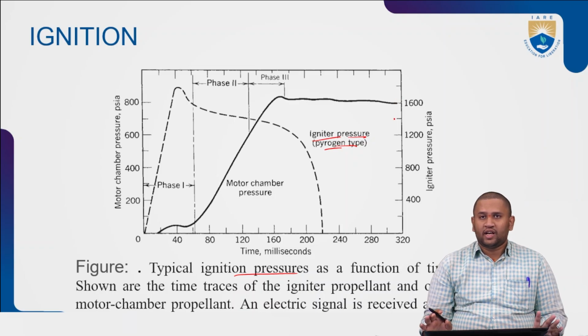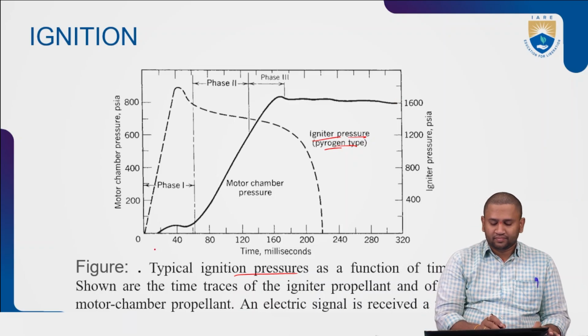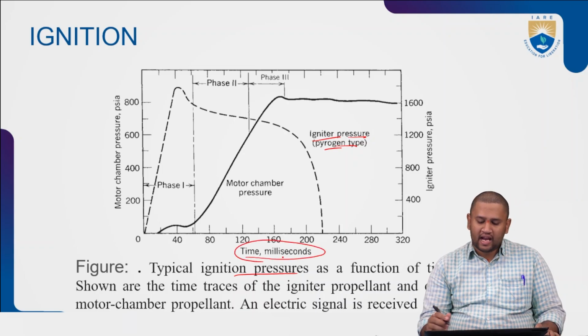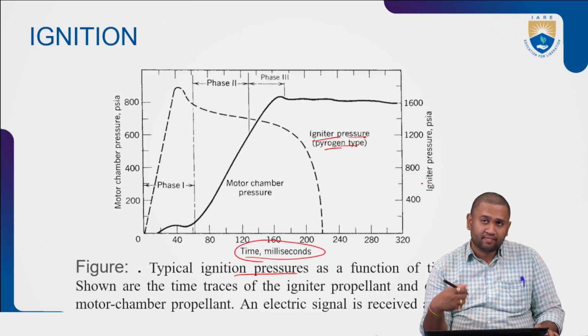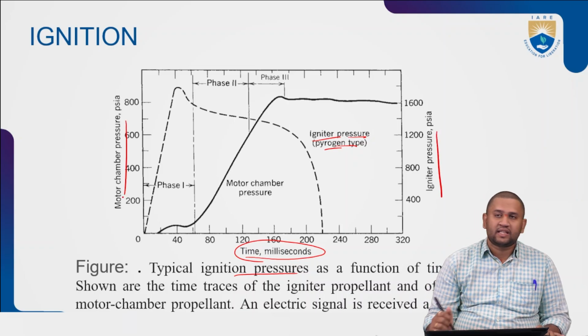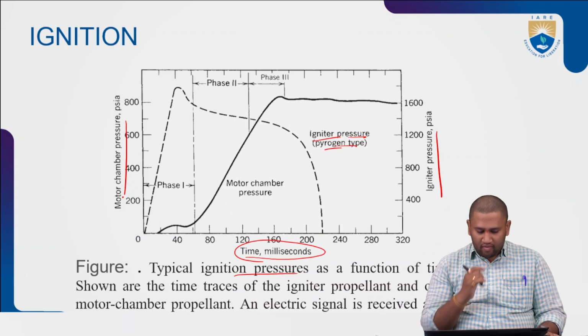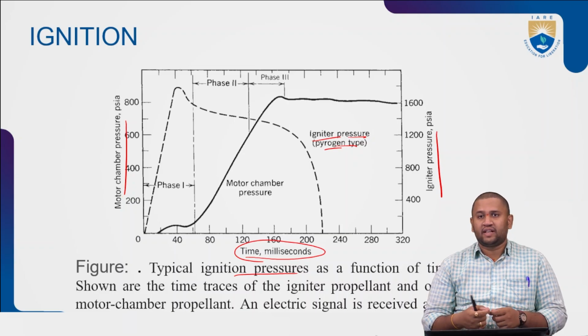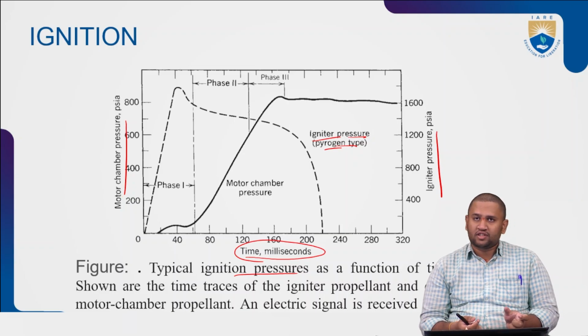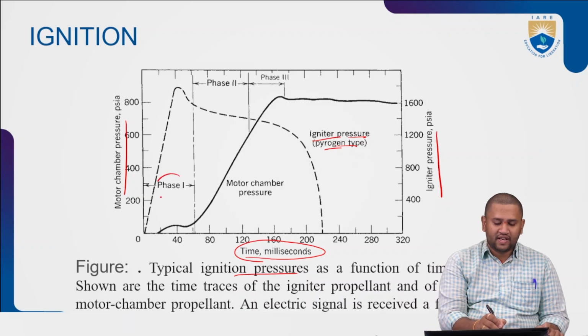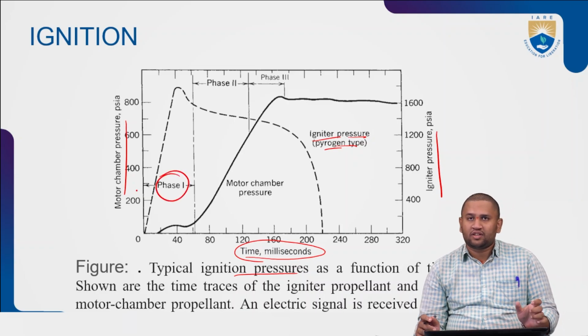Now what happens under this time, which is represented in milliseconds, which is again plotted against the igniter pressure as well as the chamber pressure. Now what happens under this first phase, the ignition phase, phase 1, within the shorter duration of time?